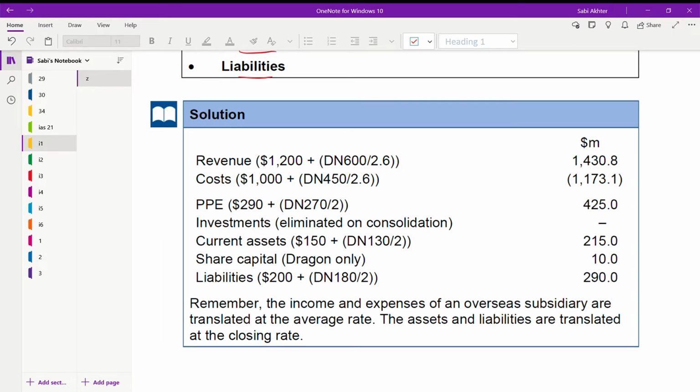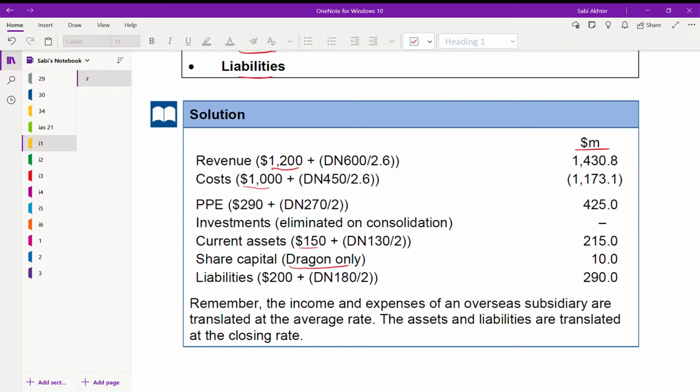For the parent, you can take as it is because it was in dollar. Share capital, when you take the share capital, it is only the parent, the Dragon only. 10 million, because all these are in million. Make sure that you write the currency. Currency is very important. Whether it is a foreign subsidiary or not, you still have to write the currency.